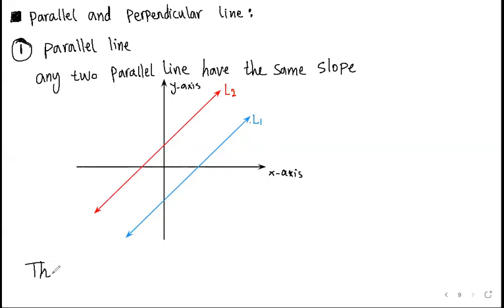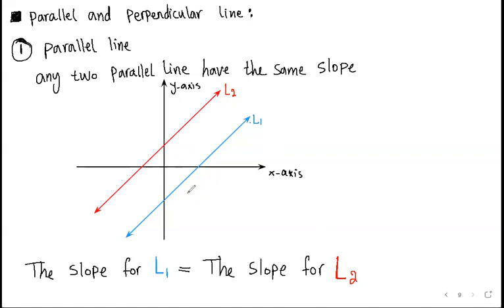So the slope for line 1 is equal to the slope for the red line, L2. The slope for line 1 is exactly the same as the slope for line 2.